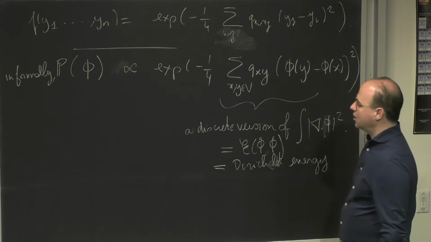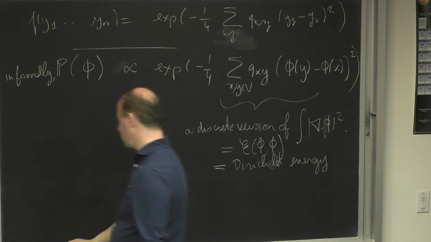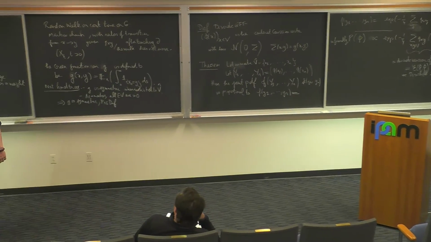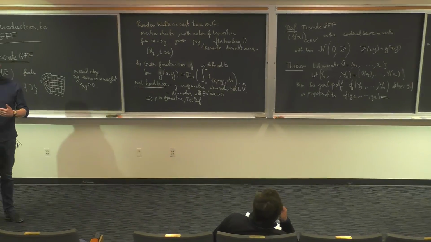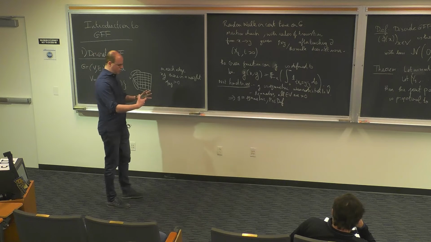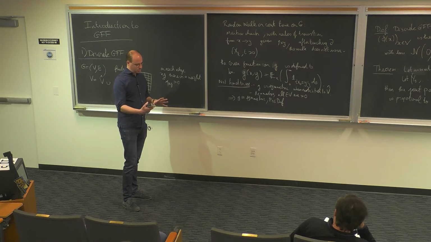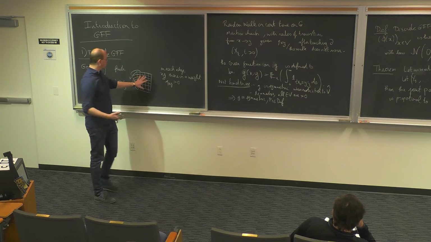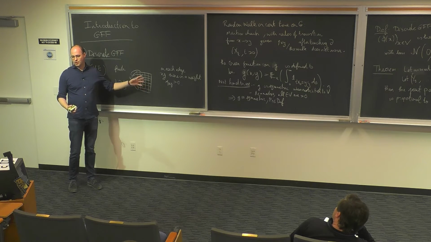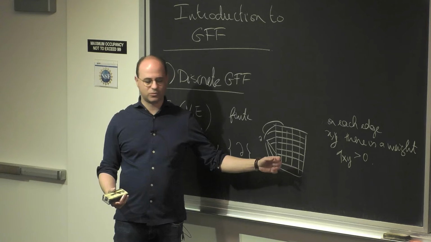So, how do you think about the Q's in the continuous case? Yeah. So the Qxy, normally you should keep in mind, will all be constant if we're speaking of the square grid.